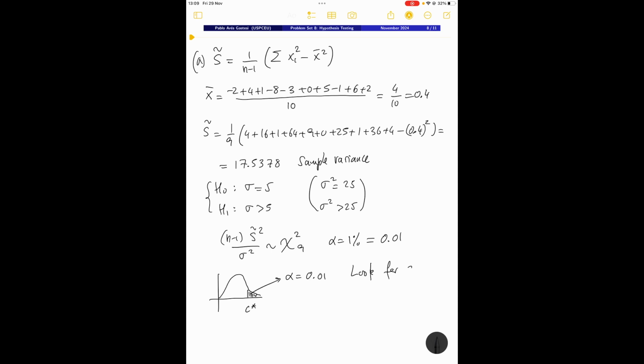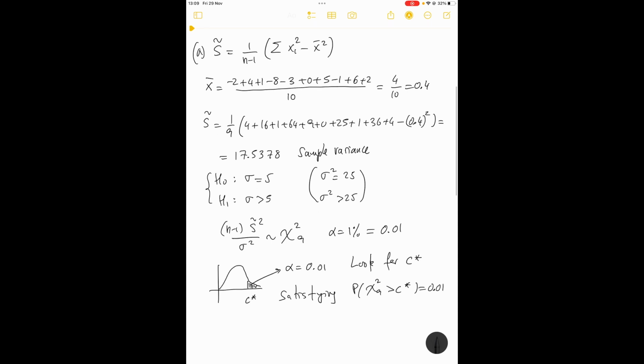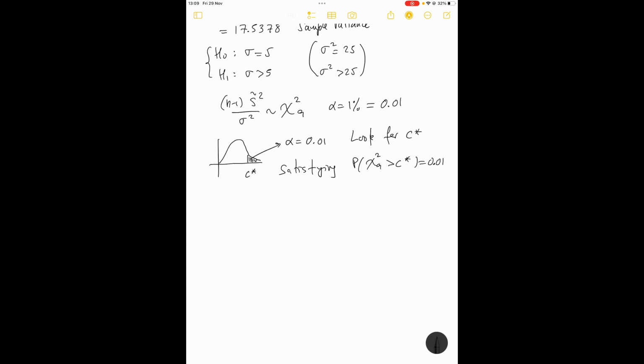So we look for a point C star satisfying that the probability of a chi-square with 9 degrees of freedom greater than C star is equal to 0.01. You can do it in the table, but for this video I will just use a computer, and it turns out that my critical point is 21.6.